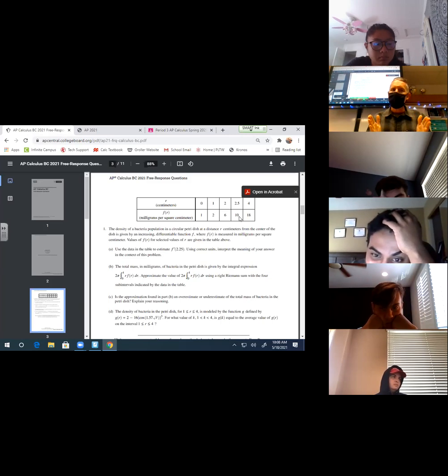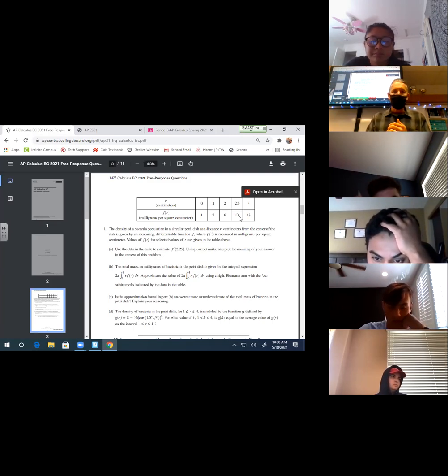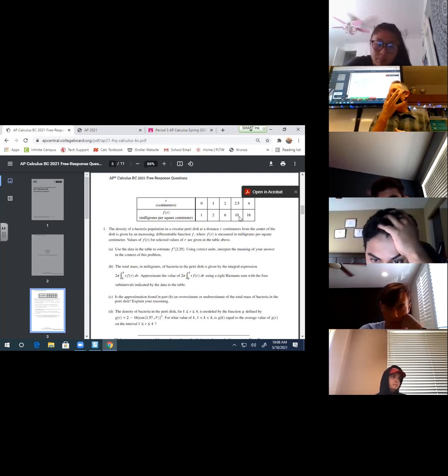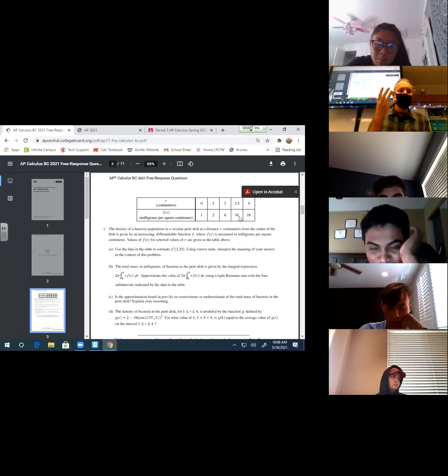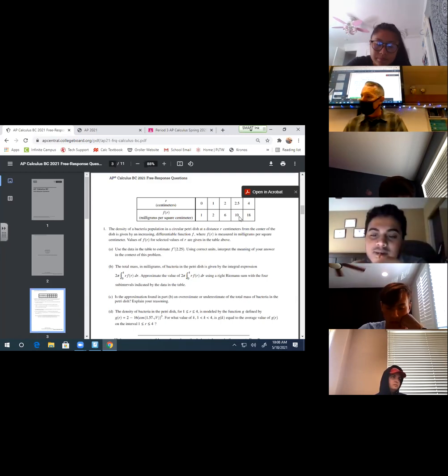So we can find the average rate of change in between 2 and 2.5. So that would be f of 2.5 minus f of 2 divided by 2.5 minus 2. So that's going to be 10 minus 6, which is 4, divided by 2.5 minus 2, which is 0.5. So 4 divided by 0.5 ends up being 8, okay?